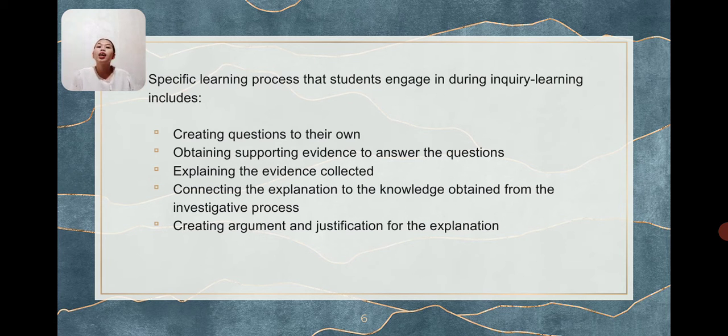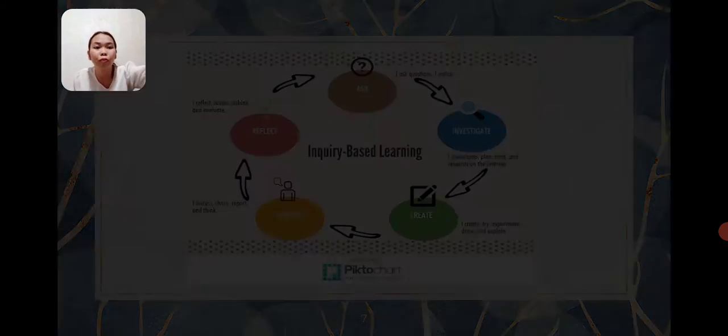Second is obtaining supporting evidence to answer the questions. Third is explaining the evidence collected. So, they explain the evidence they gathered or collected. The fourth one is connecting the explanation to the knowledge obtained from the investigative process. And the last one is creating argument and justification for the explanation.